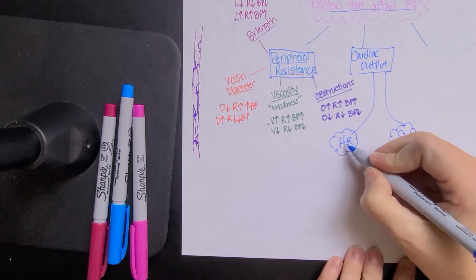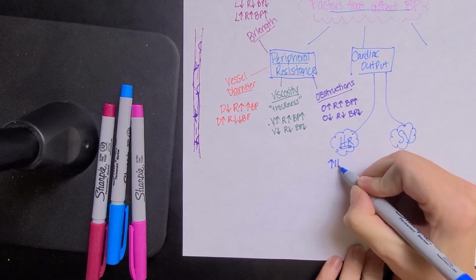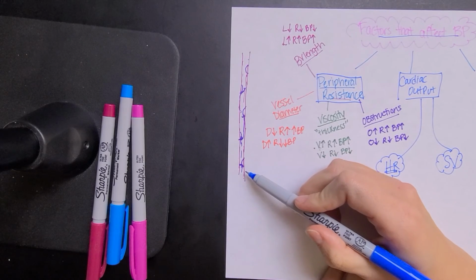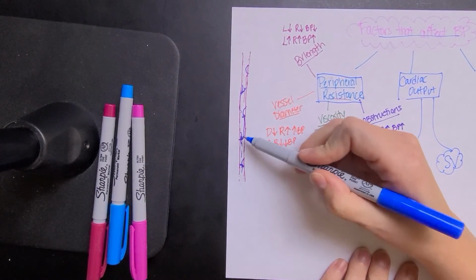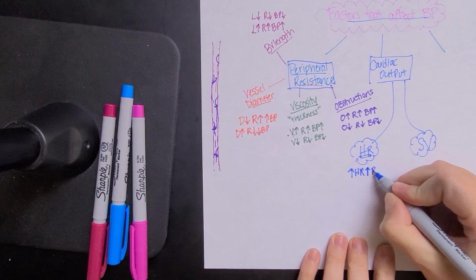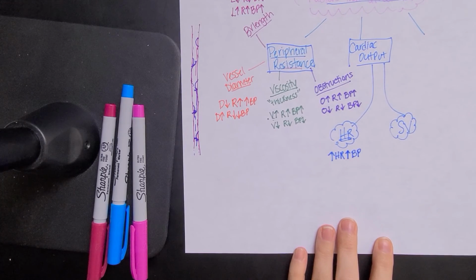As our heart rate goes up, so if we think about increased heart rate, we go back over here, think about our blood vessel. We're pumping very, very quickly through our vessel. An increased heart rate is also going to increase blood pressure. So there's another positive relationship.